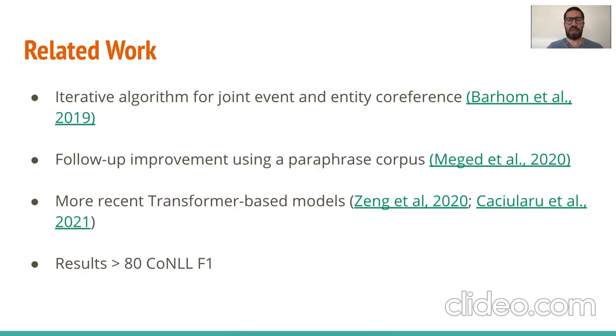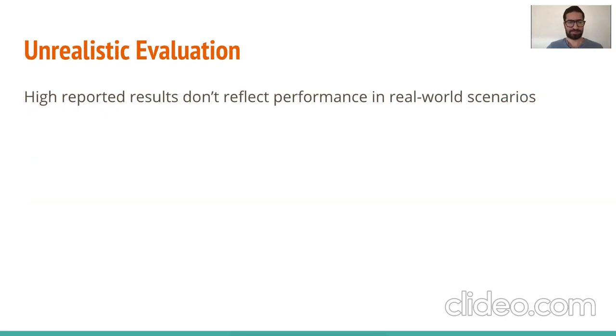In recent years, the community has seen significant progress in this task, starting with the joint event and entity model of Barhom et al. with its follow-up improvement, and more recently with transformer-based models. And the performance of these state-of-the-art models is higher than 80%, which is relatively very good for this complex task.